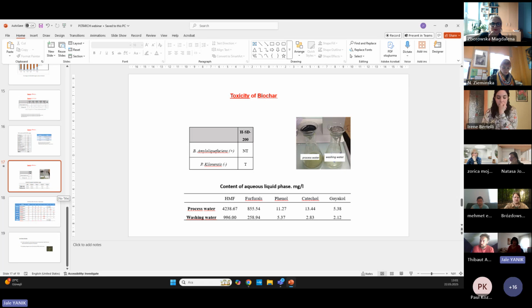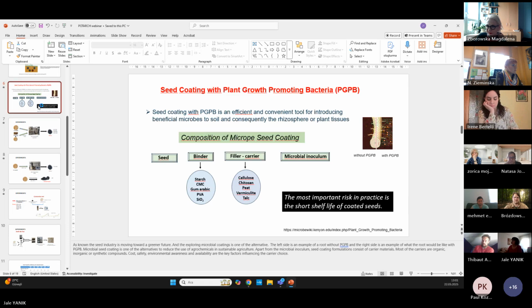Seed coating is already in use, but coated biochar containing plant growth bacteria is the first time, just lab scale. As I said here, the coated seed is already used, but the risk in practice is the short shelf life.